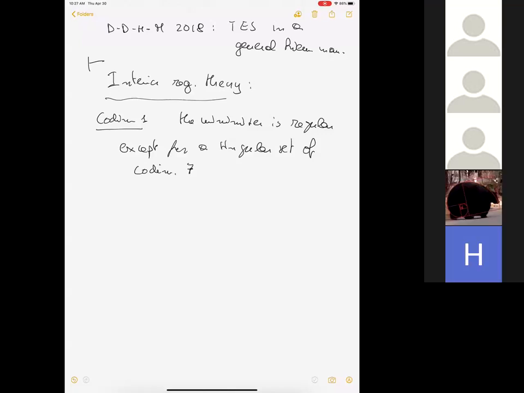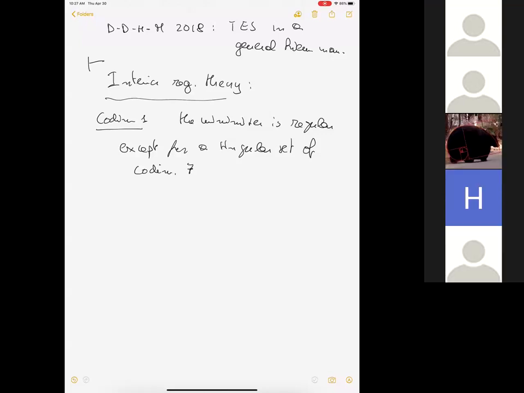So if the minimizer, for instance, is a 6-dimensional surface, say in R^7, then 6 minus 7 is equal to -1, and there is no singular set.